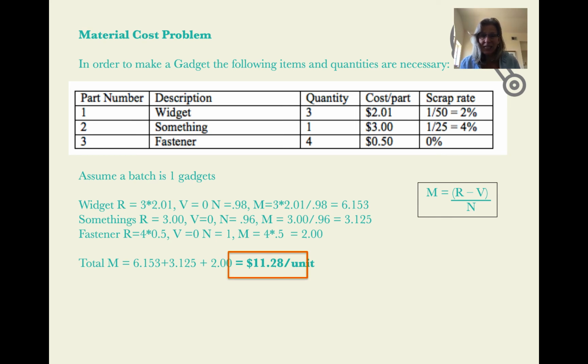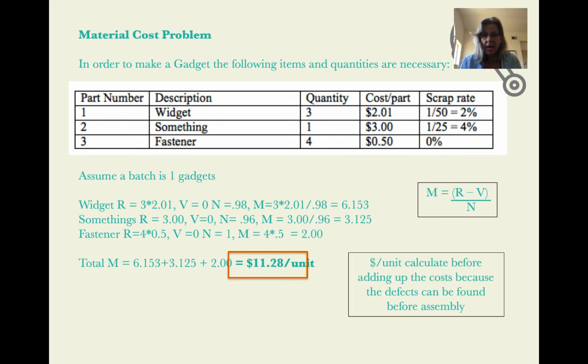It increases the cost per unit because of the poor quality. And the dollar per unit, we're going to just have to add that up because we can detect them before assembly. Now, if you have to detect them after assembly, you need to think through, well, what's the probability of the whole thing being bad? And that's a different calculation.